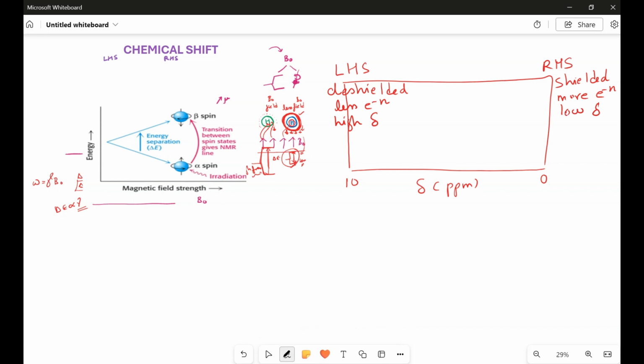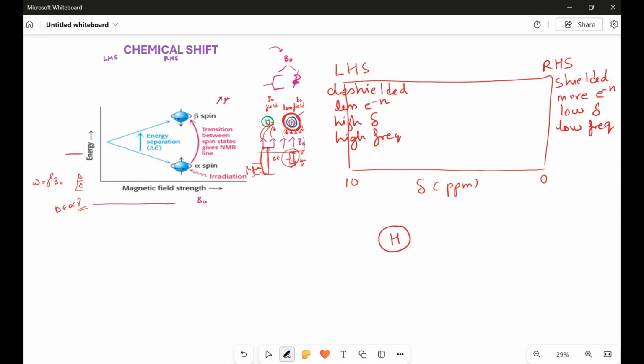And I said here you'll have low frequency of resonance, and here you'll have high frequency of resonance. So now we have got the point.